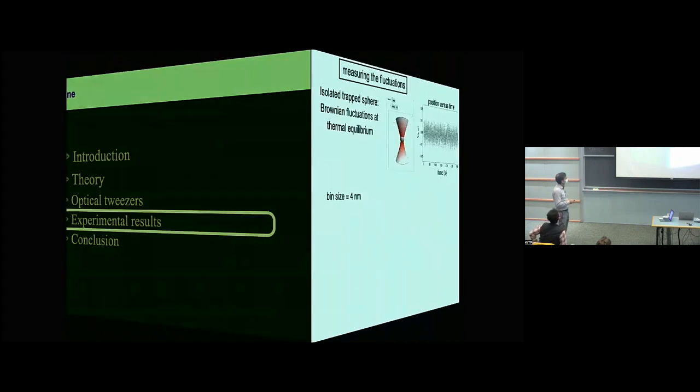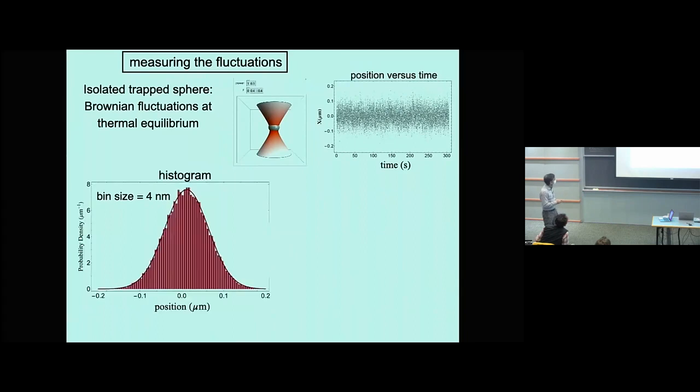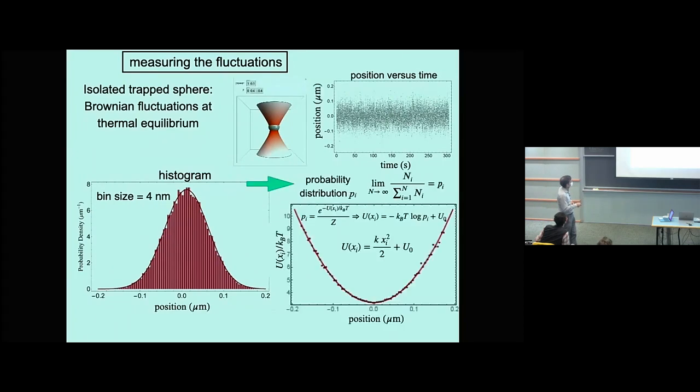Let's discuss some experimental results. This is a typical time series of the position as a function of time. From there I can build my histogram of frequencies, and then have this probability density. And this is for the case where there is no interaction. This is perfectly Gaussian, which means that the potential that I get from comparing with the Boltzmann factor is quadratic.